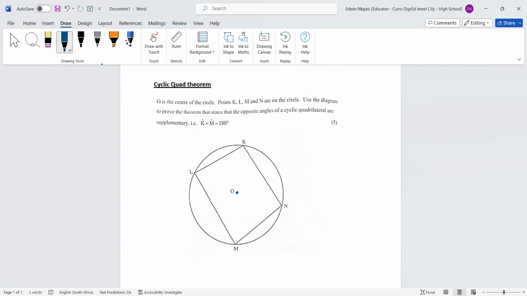Use the diagram to prove the theorem that states that the opposite angles of a cyclic quad are supplementary, which basically means that angle K plus angle M equals 180. This is a clue that they gave us, and we have to follow what the information has provided us.